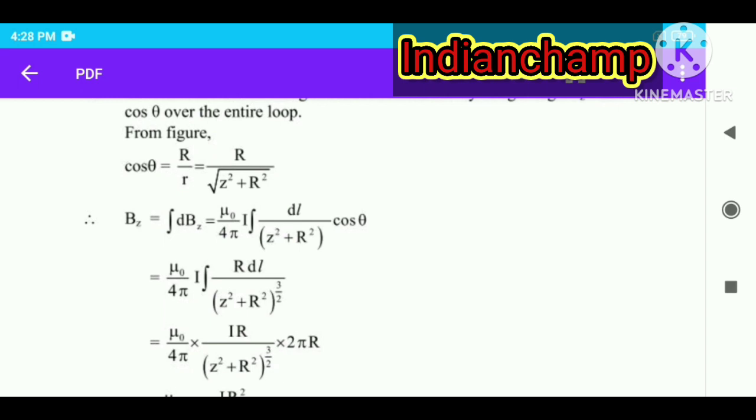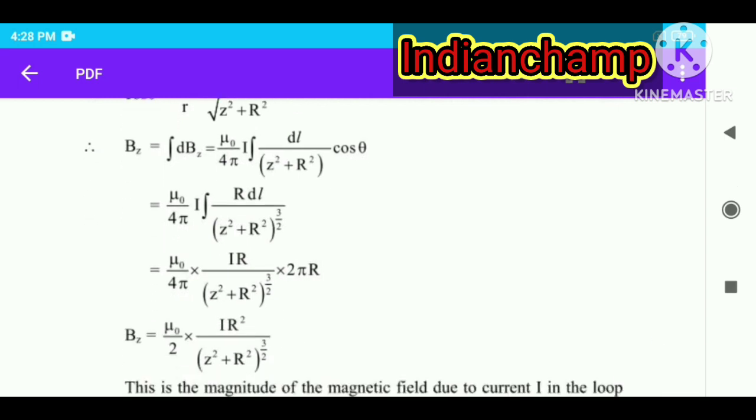Therefore Bz is equal to integration dBz, which is equal to mu 0 divided by 4 pi into I integration dl divided by z square plus R square into cos theta, which is equal to mu 0 divided by 4 pi into I integration R dl divided by (z square plus R square) raised to 3 by 2.